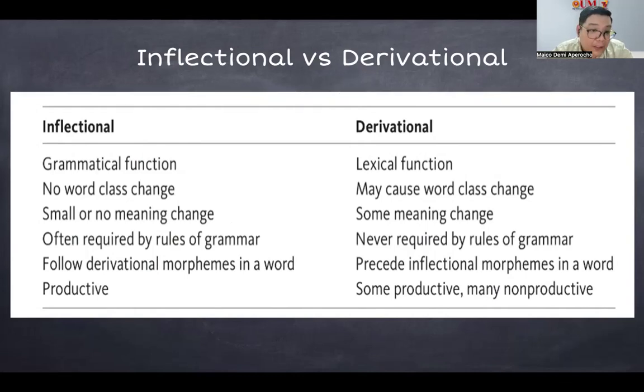For inflectional morphemes, there can be small or no meaning change at all, but in derivational morphemes, there can be some meaning changes. Inflectional is often required by rules of grammar, whereas derivational is never required by the rules of grammar. And inflectional morphemes follow derivational morphemes in a word, whereas derivational morphemes usually precede inflectional morphemes in a word. Okay?